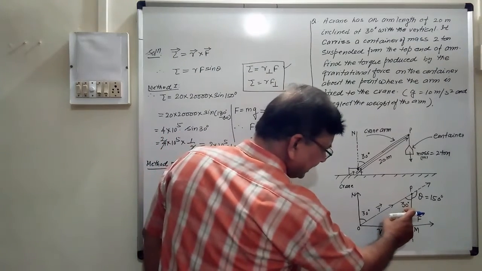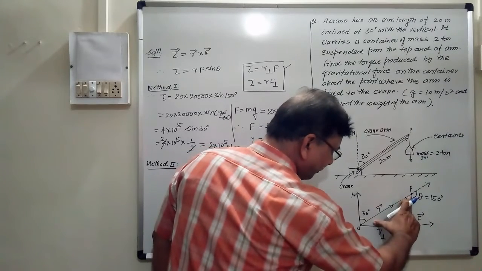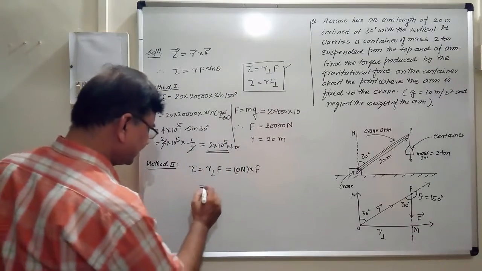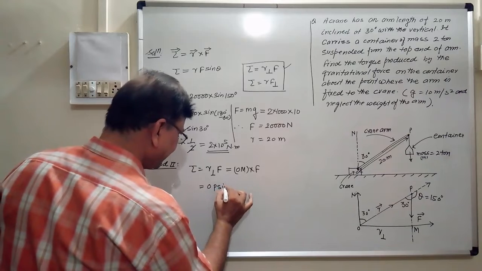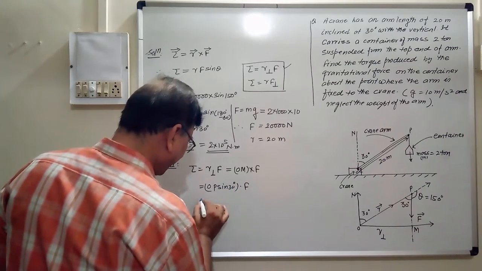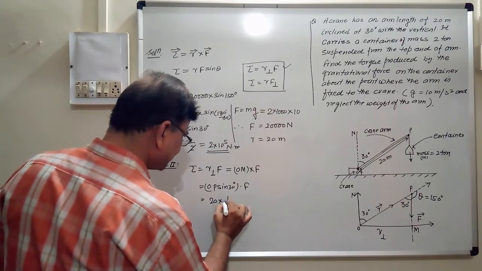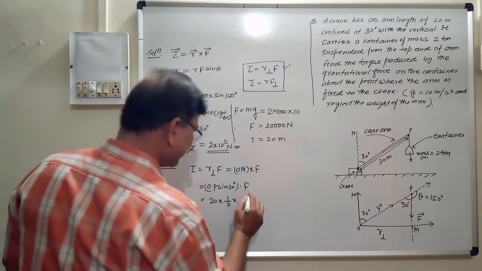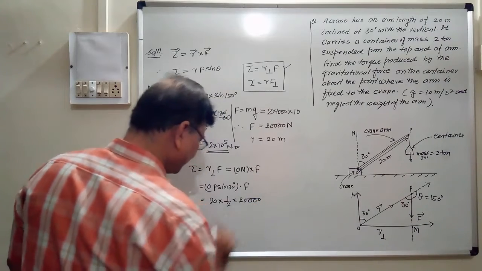See, this angle is 30 degree, so OM is equal to OP sine 30 degree, into F. Again, OP is 20, sine 30 is 1 by 2, F is 20,000 Newton.